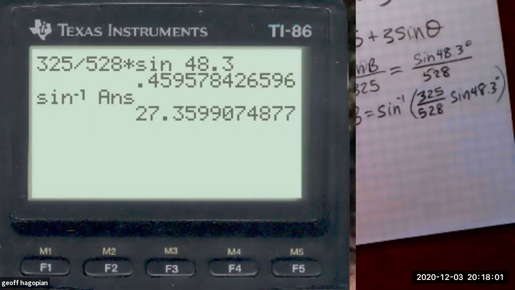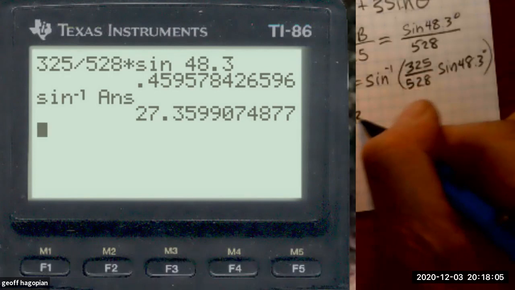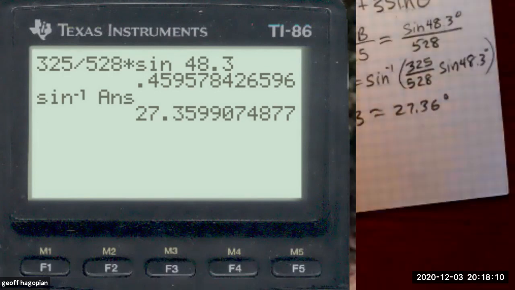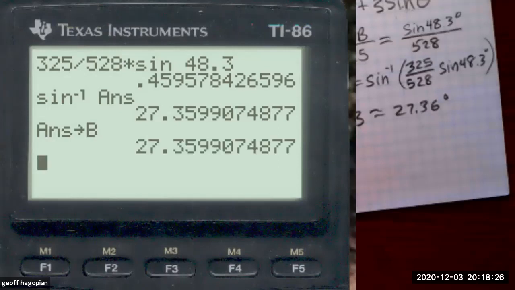And that comes out to 27.36 degrees. Let's store that into B, right? So we can have that available if we need it.